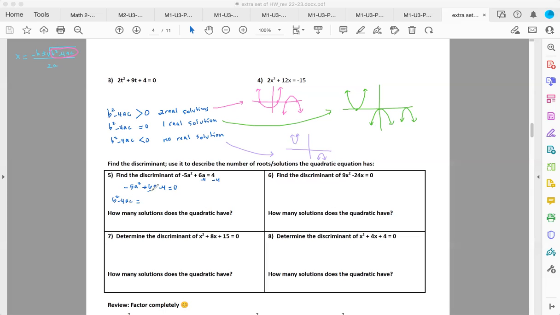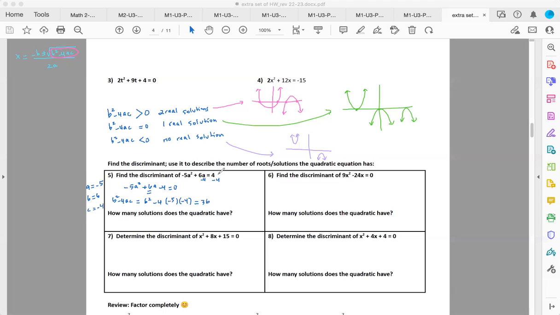B squared, this is b, here 6. 6 squared minus 4ac, right? Because here, a is, again, I don't like that they use a for a variable, but a is the leading coefficient, which is -5, b is 6, and c is -4. So b squared is 6 squared minus 4 multiplied by -5 multiplied by -4.